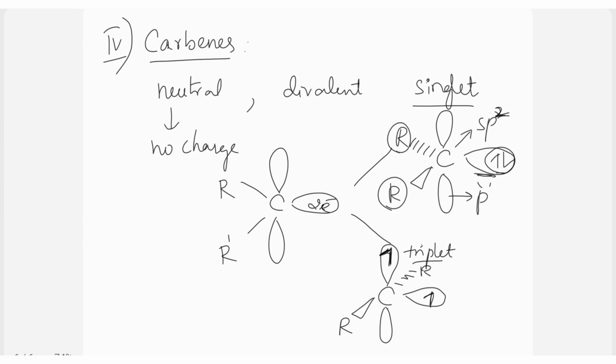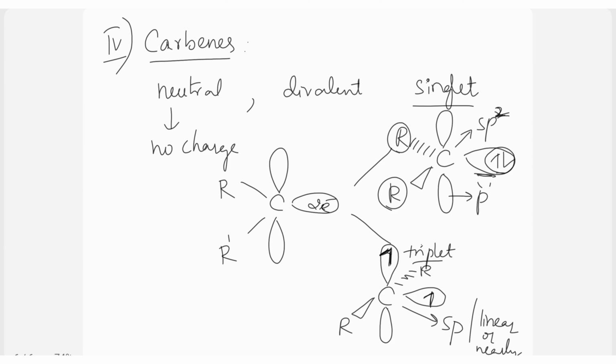This is very close to the structure of the carbocation, whereas the triplet form is sp hybridized, and it is a linear or nearly linear species.